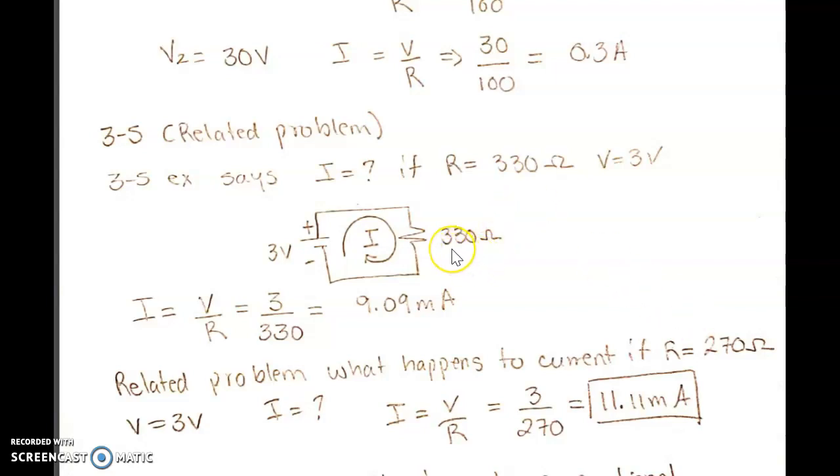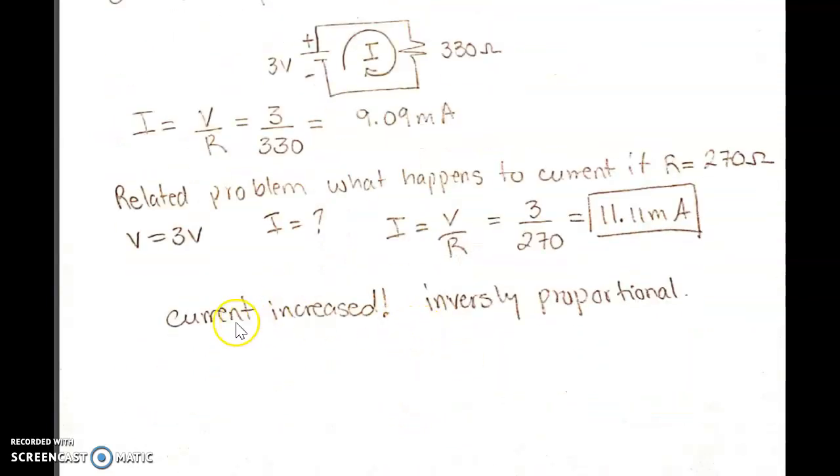So we are assuming that if the resistor is decreasing, like in this case, the current should increase. So let's see if that happens. The voltage is 3 volts. Let's find current. That's the formula. 3 divided by 270, we get 11.11 milliamps. So yes, 11.11 is bigger than 909, so the current did increase. And we proved that the current increases, which is inversely proportional to the value of the resistor.